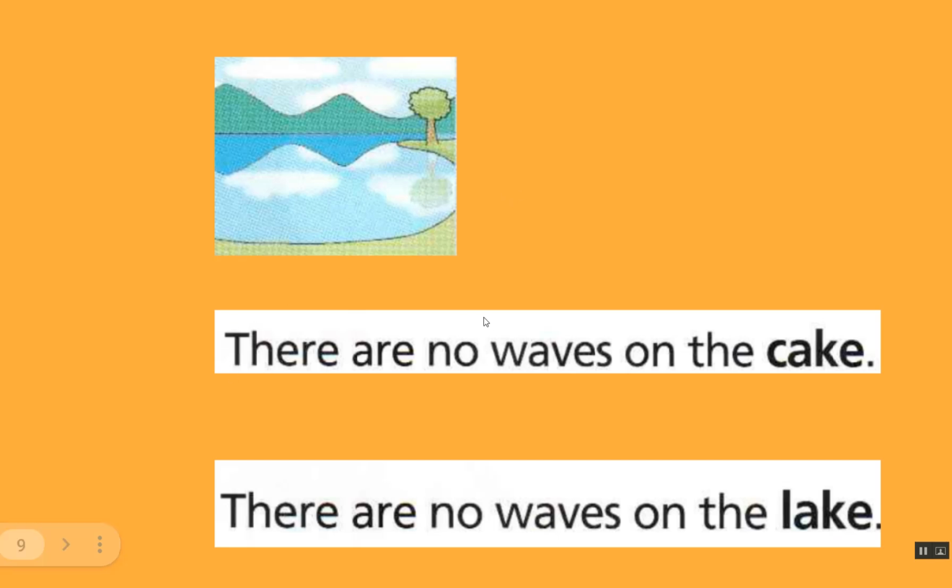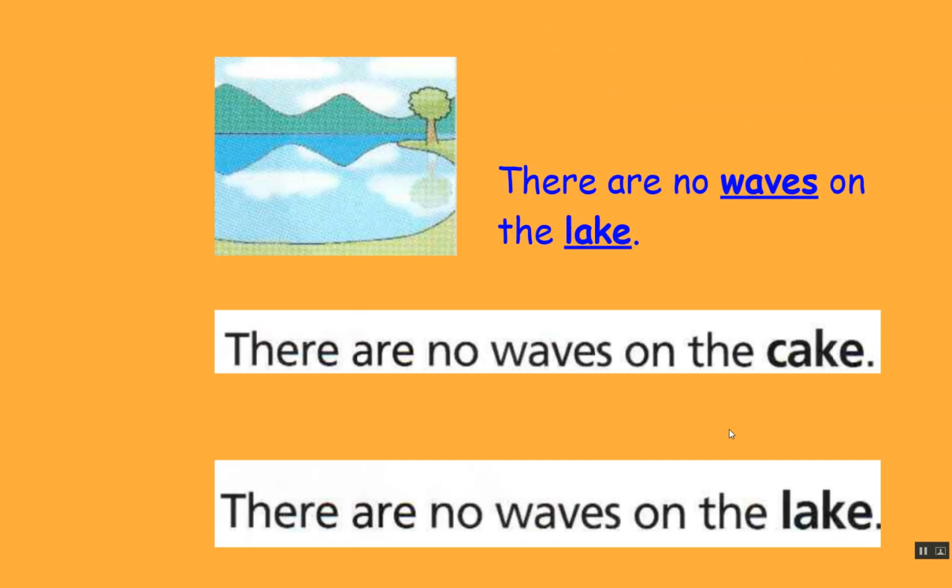Is it sentence 1 or sentence 2? What do you think? It is sentence 2. There are no waves on the lake. So I've highlighted waves because it's an A sound, and there's also the lake, because that is the lake and there are no waves on the lake.